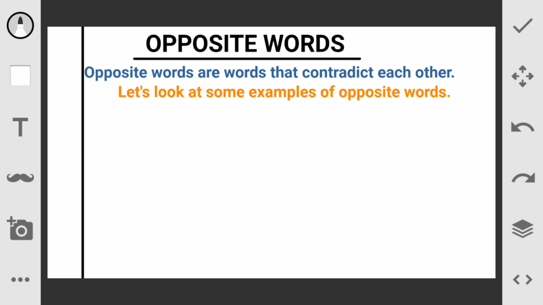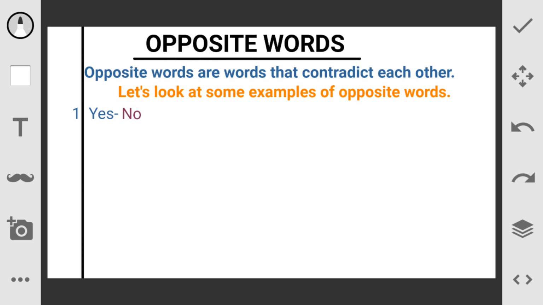So let's look at some examples of opposite words. Number one, yes. What is the opposite of yes? What word contradicts yes?